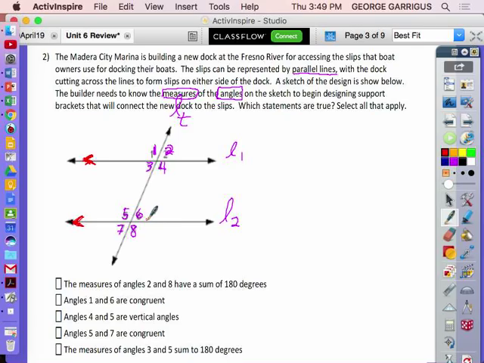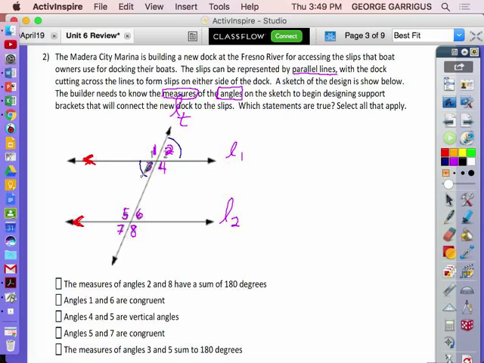So if I start marking these, which ones are congruent, I'm going to use a single mark to show which ones are congruent. Angle 3, and of course, angle 3 and angle 4 are not congruent, but they're going to make a straight line. Well, if angle 3 and 4 make a straight line, and 2 and 4 make a straight line, that means that angle 2 and angle 3 have to be exactly the same.